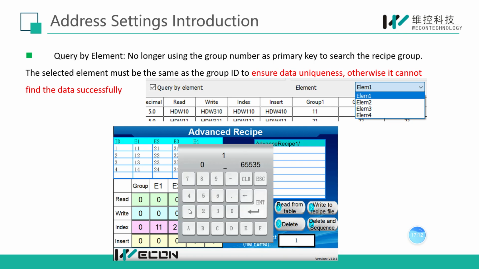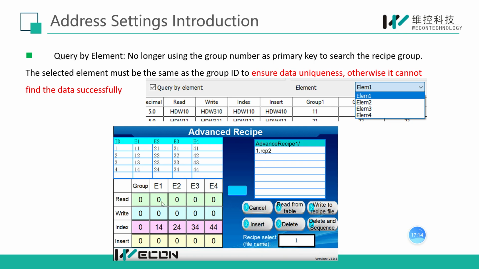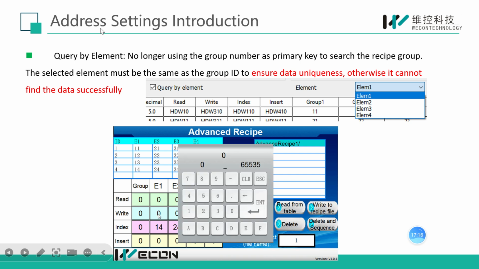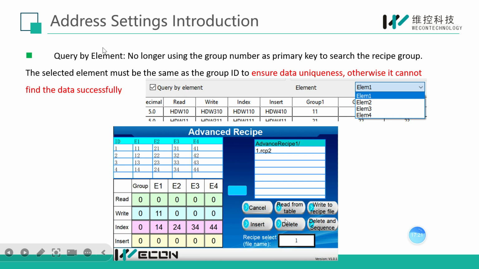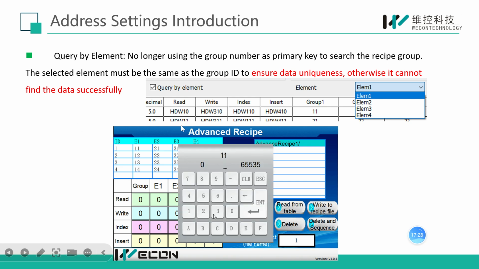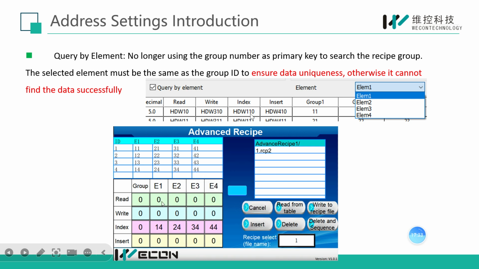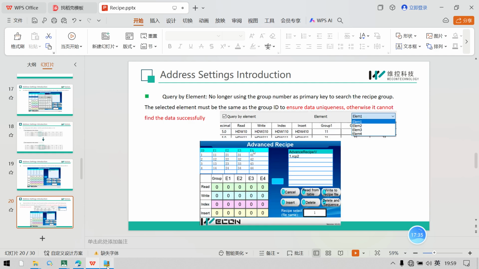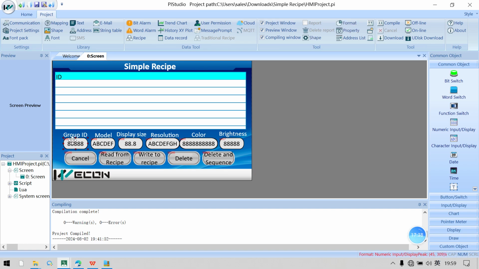And the last one of the different settings of advanced mode is this query by element. It is no longer like the simple recipe, which uses the group ID to query our element.